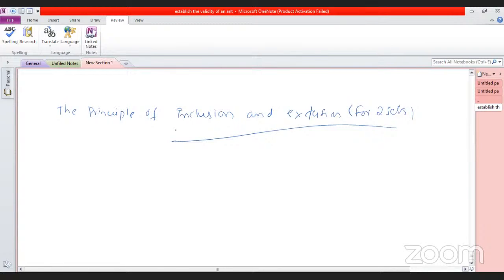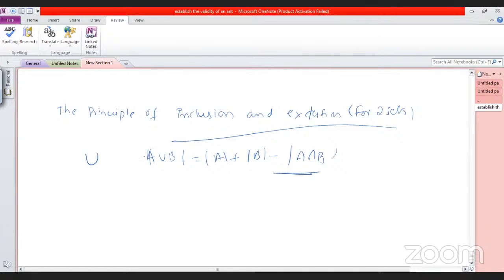If A and B are sets in the universal set, then A union B equals modulus of A plus modulus of B minus A intersection B. Why are we finding A union B? So this is the statement.